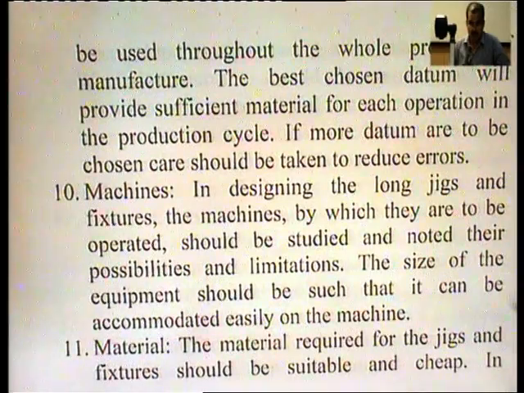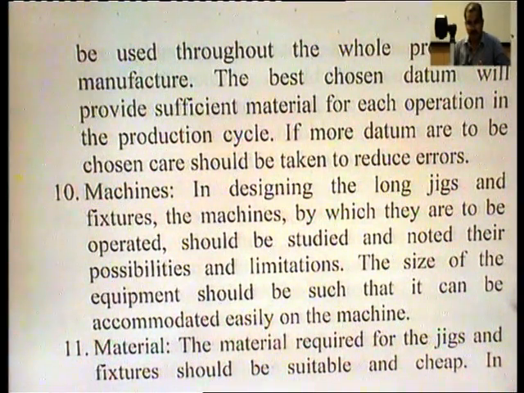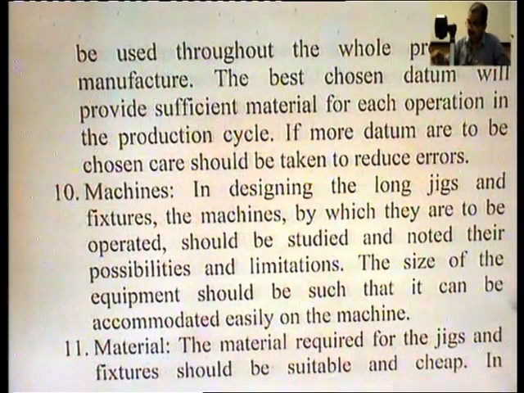If more datum are to be chosen, care should be taken to reduce the error. So, while working with jigs and fixtures, only one datum should be used. Otherwise, there are chances to accumulate the errors.